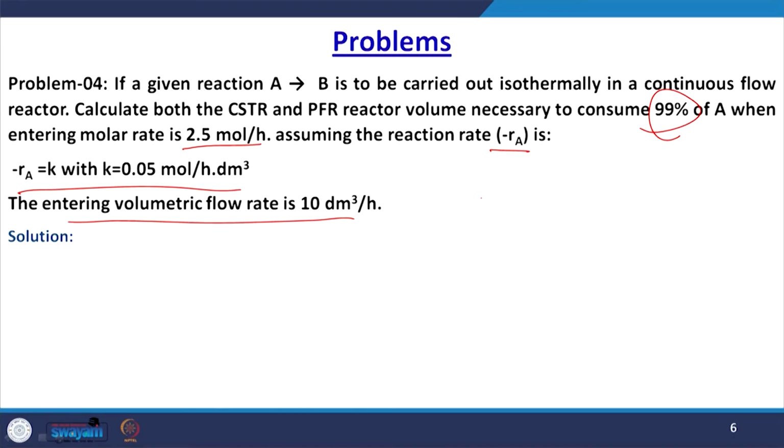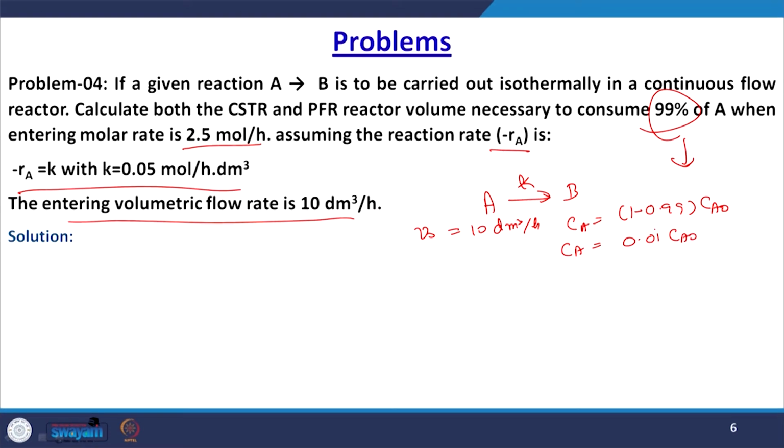Now here A is converted into B. The volumetric flow rate is 10 decimeter cube per hour, and Ca is equal to 1 minus 0.99 times Ca naught because this is 99% conversion, so Ca is equal to 0.01 Ca naught. The entering molar rate Fa naught is equal to 2.5 mole per hour.